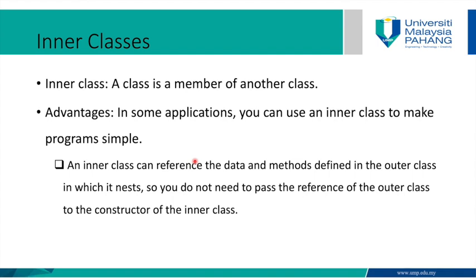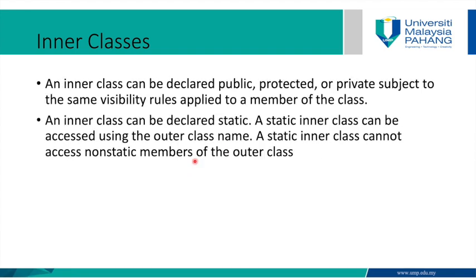Because when you use an inner class, you can reference the data and methods that are defined outside of the class, and you do not need to pass the reference of the outer class to the constructor of the inner class. You can just simply refer to the data and the methods.